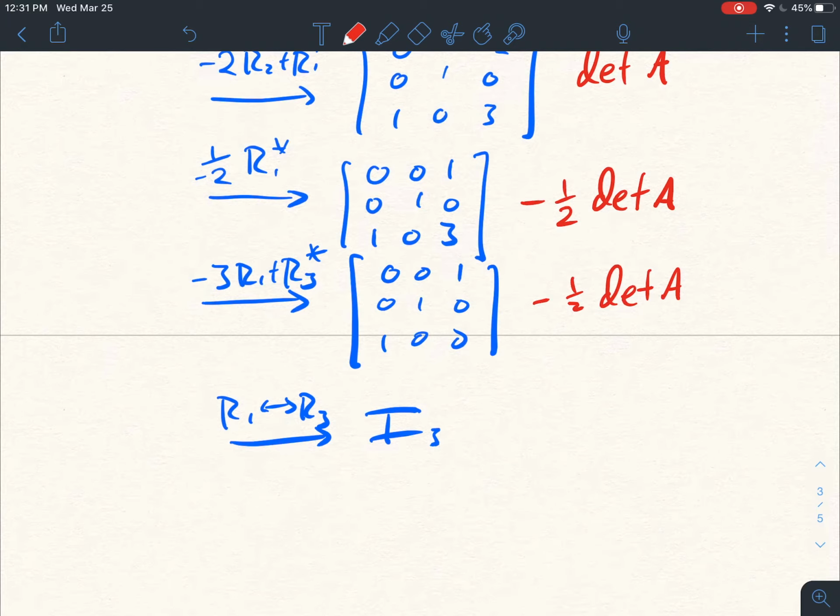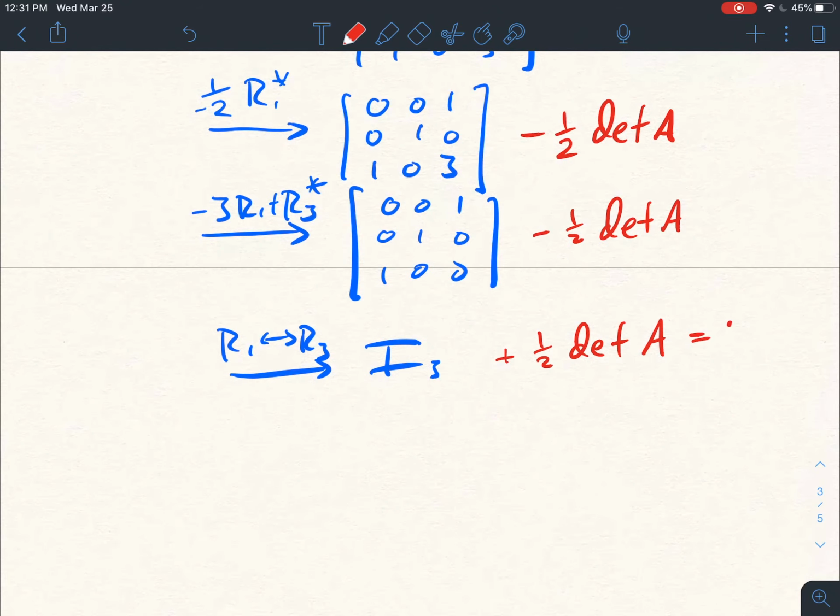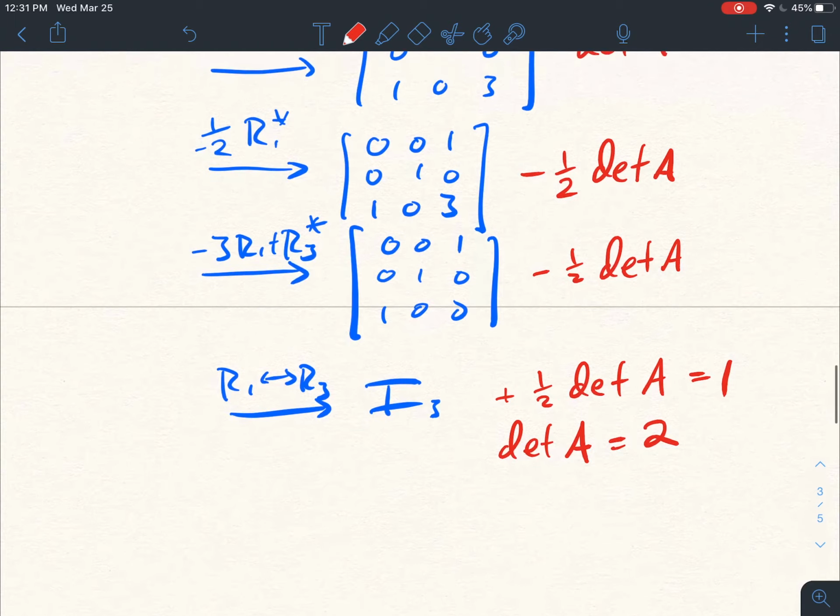And here, this just changes the sign of my determinant, so here I should get +1/2 times the determinant of A. And since this is the identity matrix, it's also equal to 1. Therefore, the determinant of this matrix A is equal to 1 times 2, so that's 2. Cool. And that's how you do it.